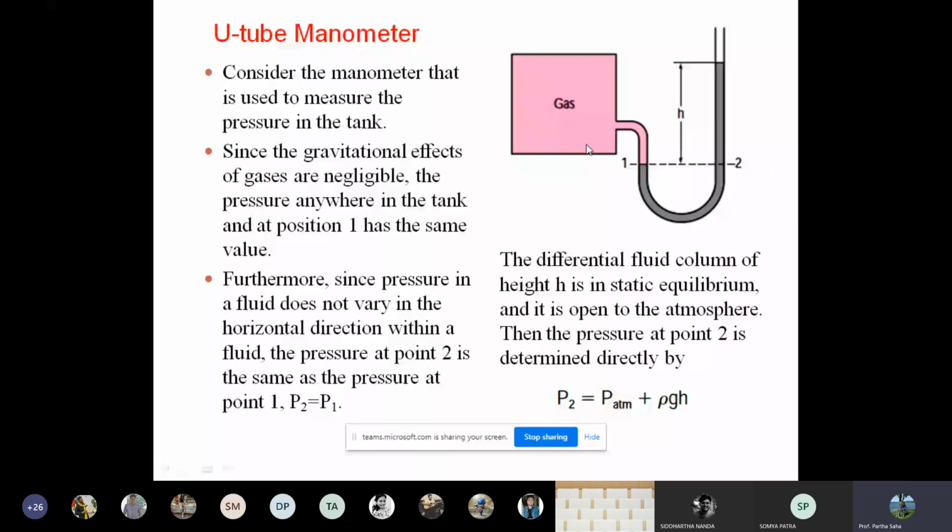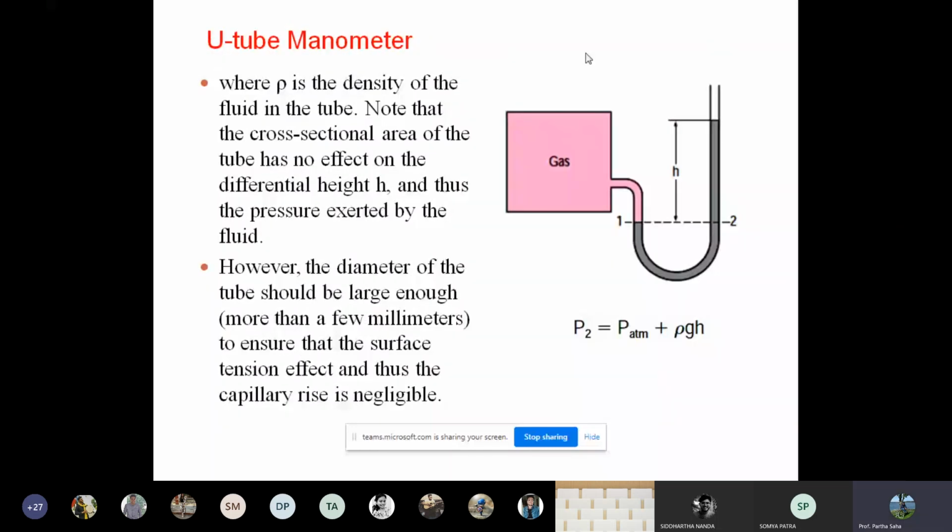We have talked about all these things just to refresh our memory, and for those of you who joined late in the class, so that it becomes easy for you to understand. So let's look into another example, the same example here. Rho is the density of the fluid in the tube, and the cross-sectional area of the tube has no effect. That is the critical thing.